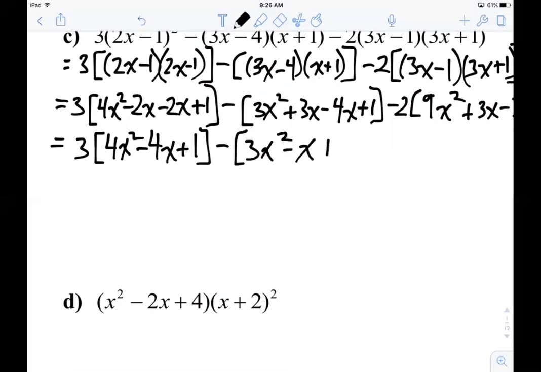This would simplify out like so. And this third big bracket, it's going to be minus 2 times 9x squared. And then we had plus 3x and minus 3x. Those actually eliminate one another, and we just have 9x squared minus 1 inside that bracket.